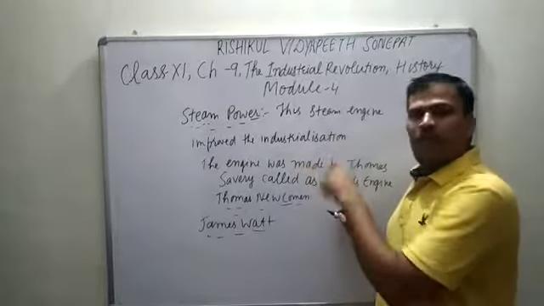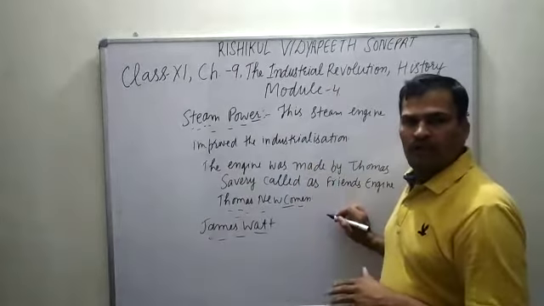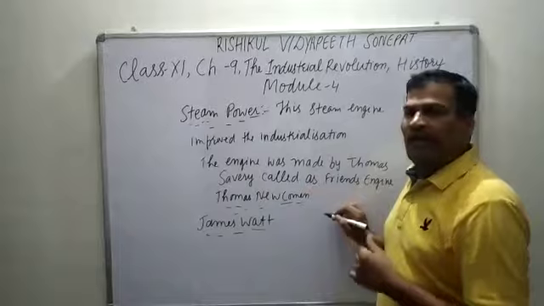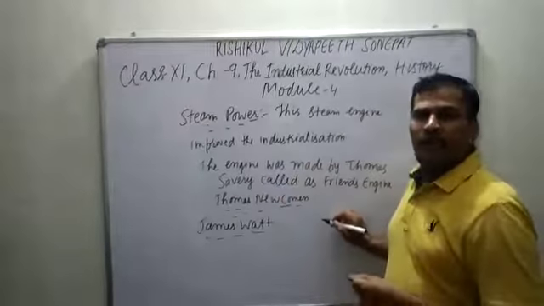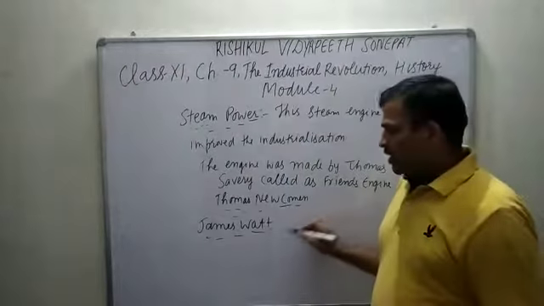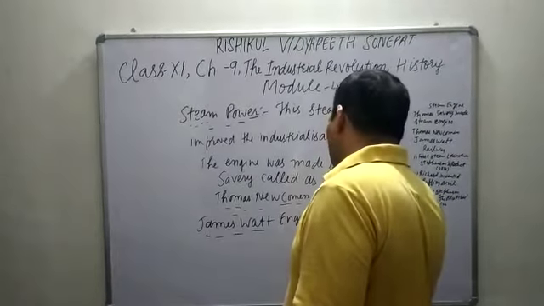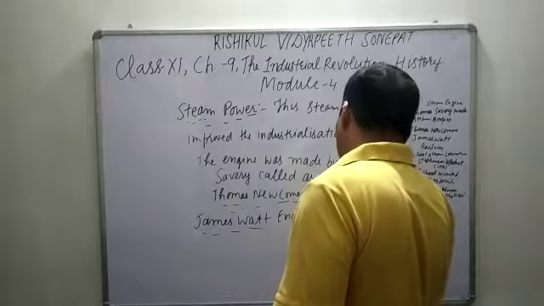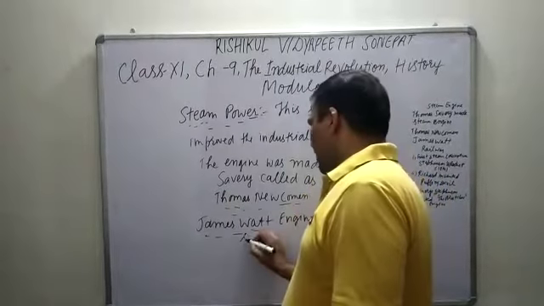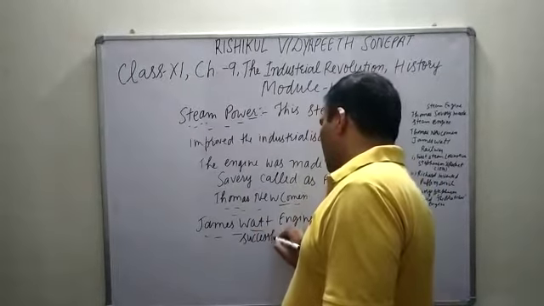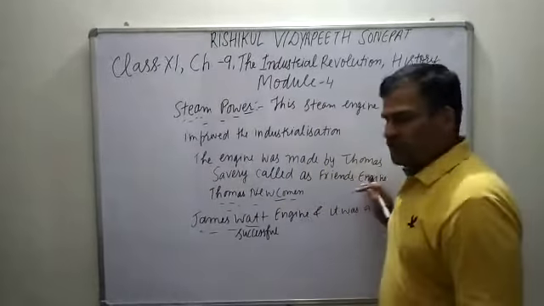They had some drawbacks because good technology was not available. But as time progressed, new innovations were made and those were very successful. The James Watt engine was very important and it was successful as compared to previous ones.